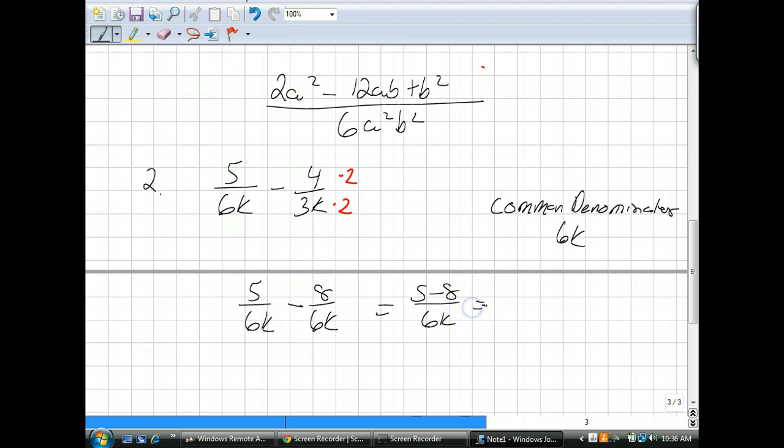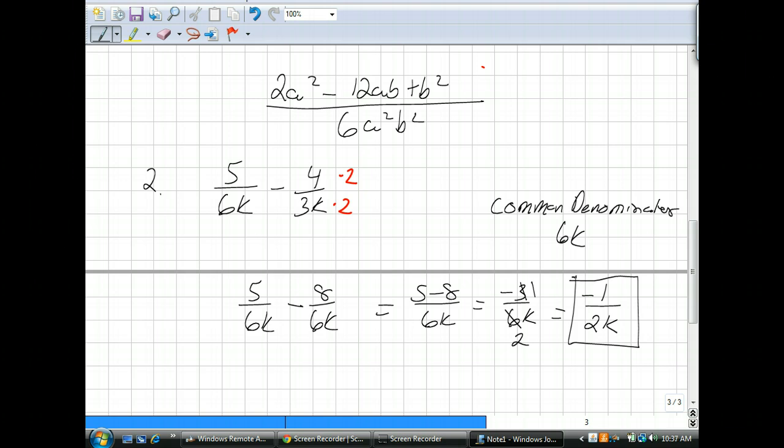Well, 5 minus 8 is negative 3. Now in this case, we need to reduce, because 3 goes into 3 once, it goes into 6 twice. So we get negative 1 over 2k.